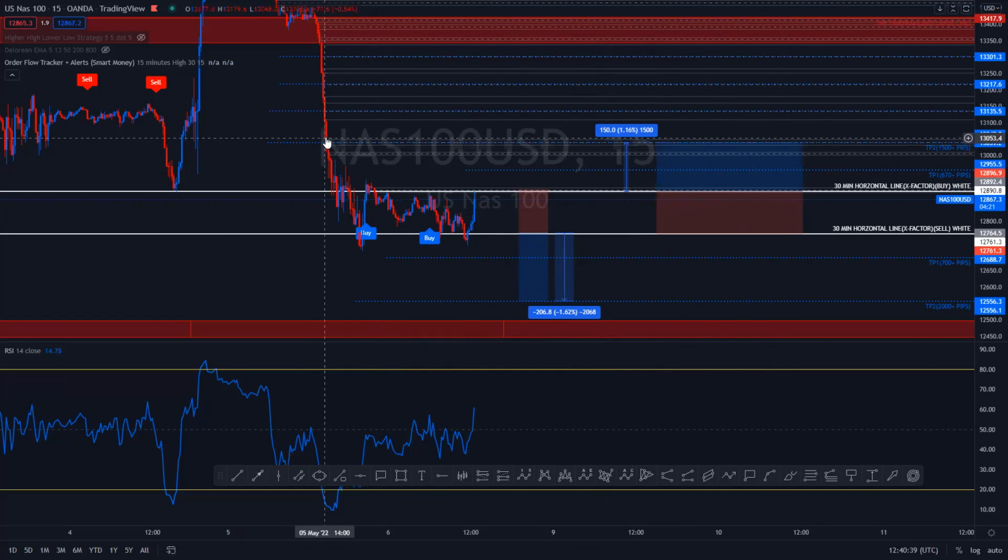Because I believe it's going to come up and mitigate this area up in here and then come back down. Because it's going to create a huge imbalance move up here, and then they're going to have to fill that by bringing it back down. And that's what I see if it buys up. So that's what we're going to want to look for.